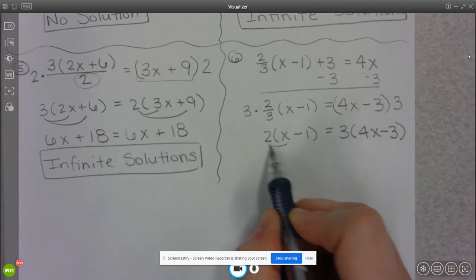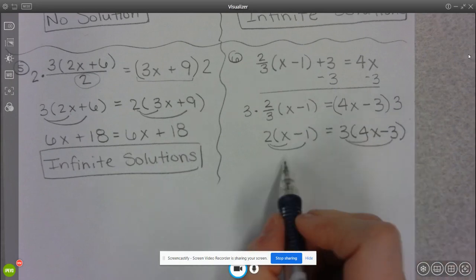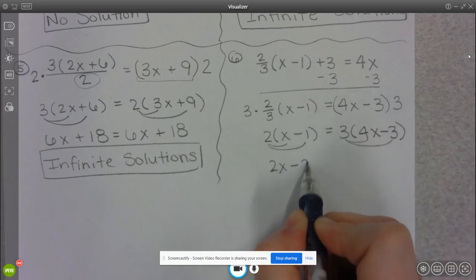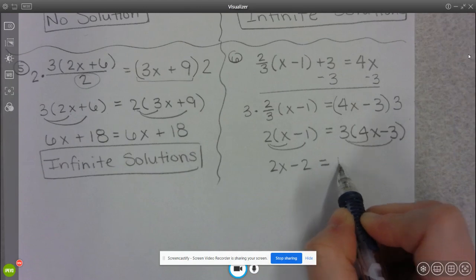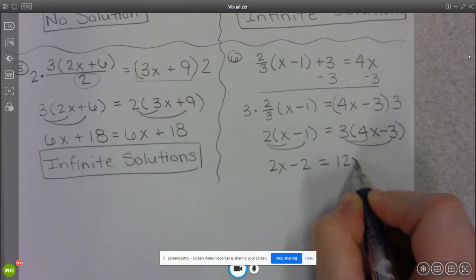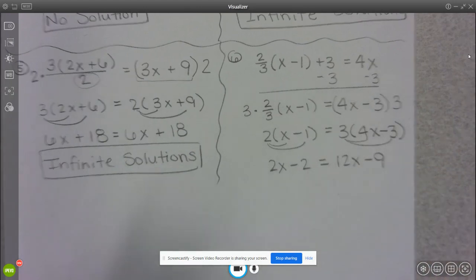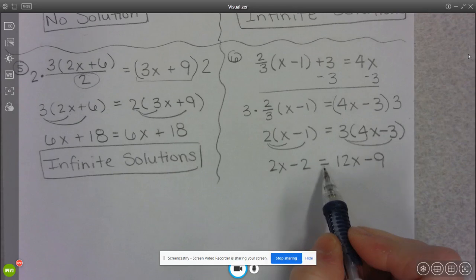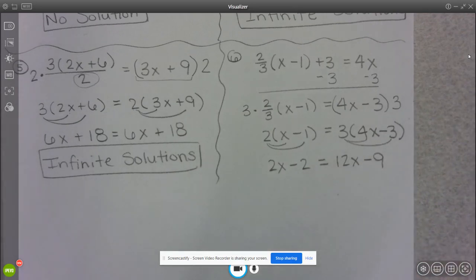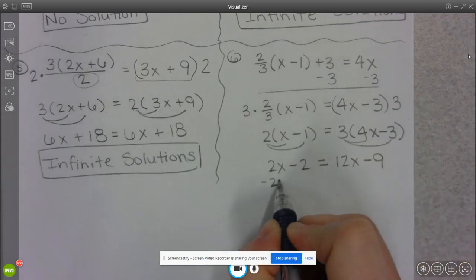So we're going to go ahead and distribute. And now I'm going to go ahead and start getting x's together and constants together. So I'm going to, since we're on opposite sides of the equal sign, I'm going to have to do inverse operations. I can't do any combining like terms because they're not together.